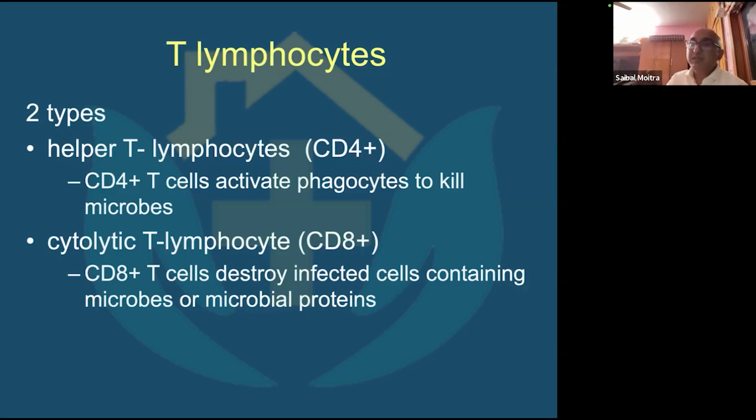So MHC class 2 is taking up the components from this degradative compartment, which took up the external microorganism, and juts it outside the cell membrane, where it is recognized by the T helper cells. So this lysosomal pathway of antigen presentation is basically for extracellular organisms.